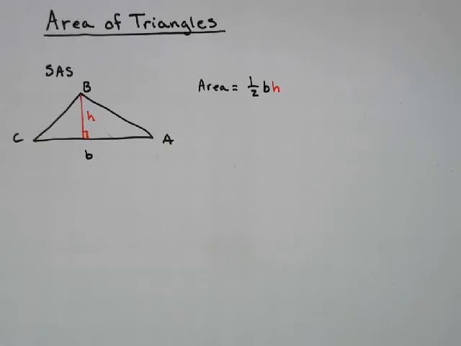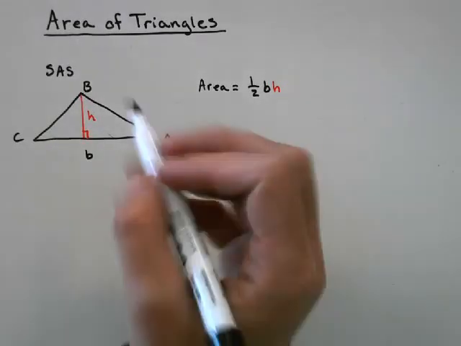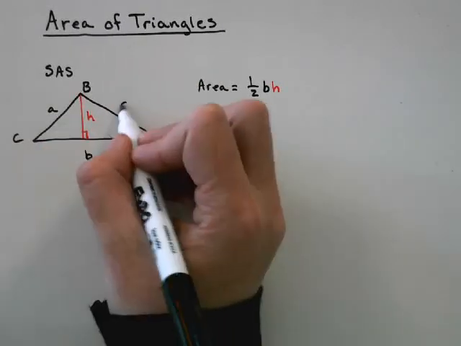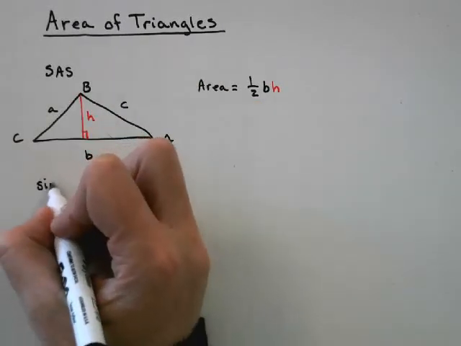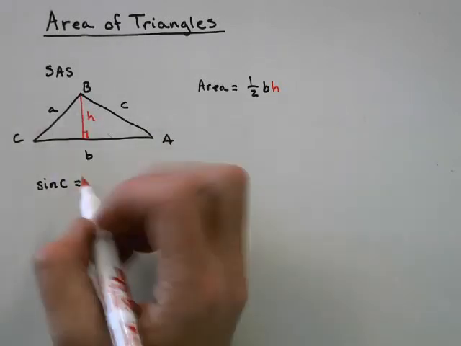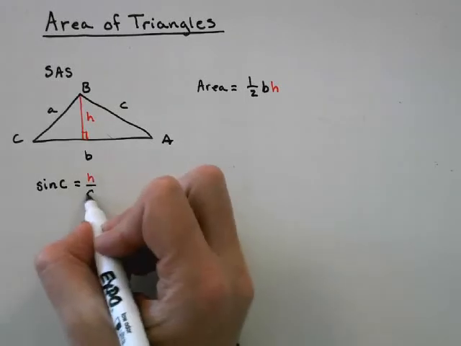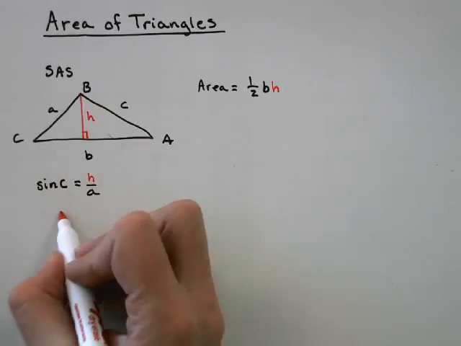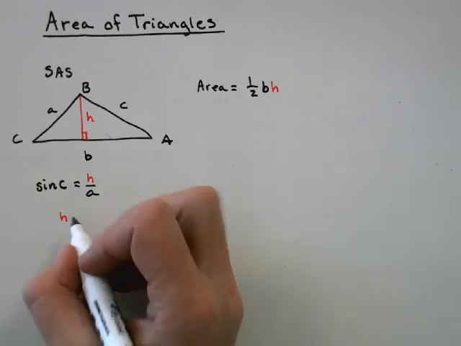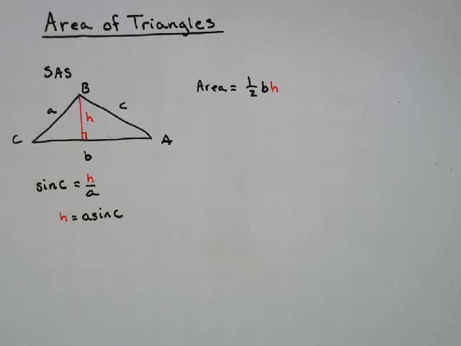Well, this height, if I go over here, this is A, this is C. If I take the sine of C, that's going to be H over A. So H is going to equal A sine C.